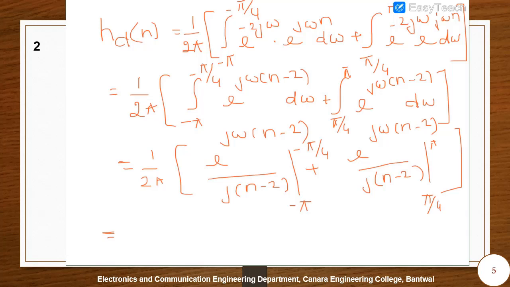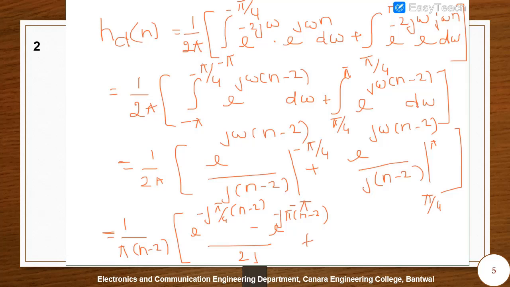So when you substitute the values, you get this as pi (n minus 2) is taken out. We have e to the power minus j pi by 4 (n minus 2) minus e to the power minus j pi (n minus 2) divided by 2j plus e to the power j pi (n minus 2) minus e to the power j pi by 4 (n minus 2) divided by 2j.